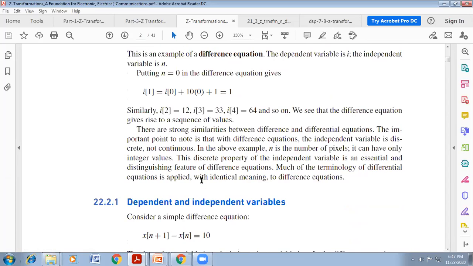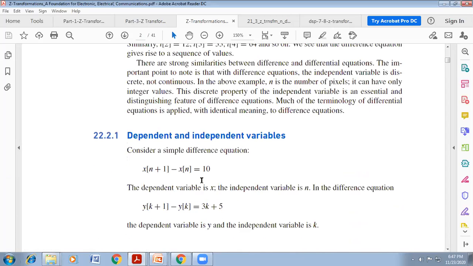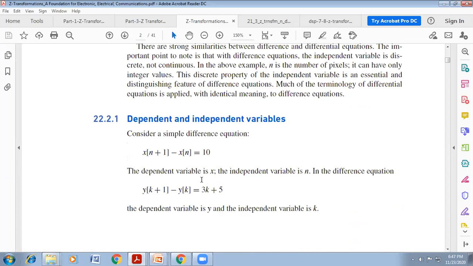Now, what are the dependent and independent variables of a difference equation? Consider a simple difference equation: x[n+1] minus x[n] equals 10.